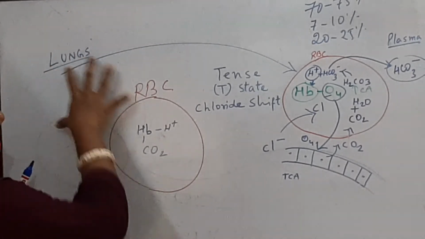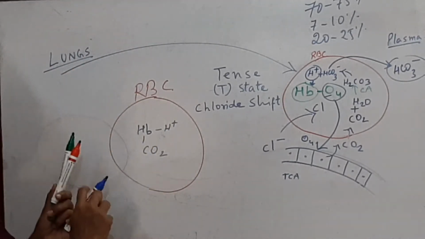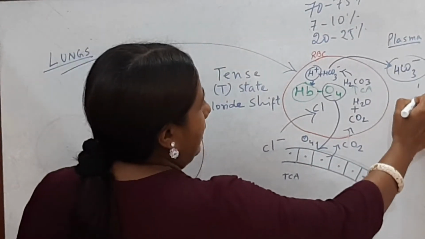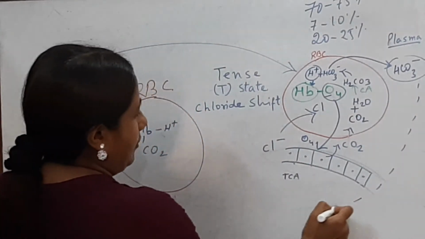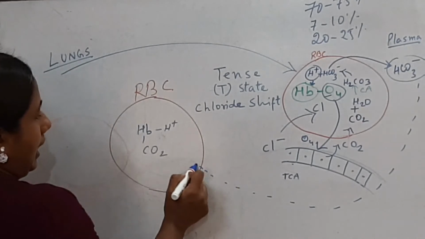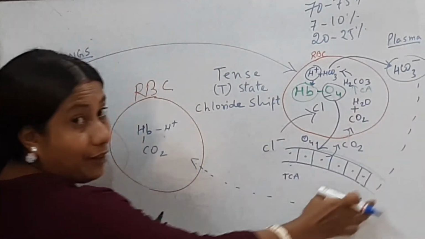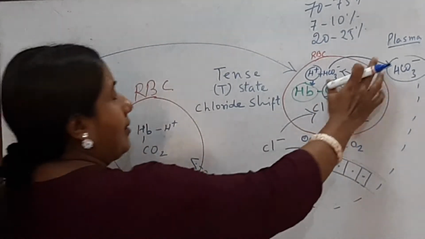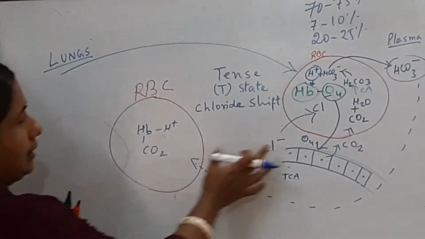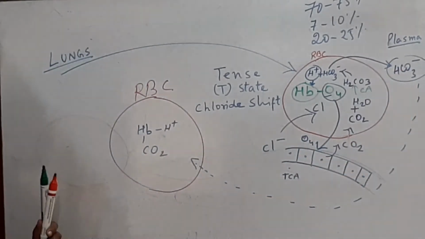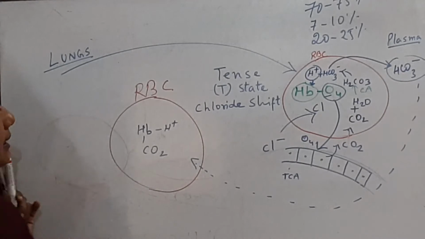Okay, now what happens? It reaches the lungs. In the lungs, this bicarbonate ion, I am putting the dot, travels through the plasma. Now the venous return takes place, the venous blood reaches the lungs. So through the venous return, this bicarbonate ion comes to the plasma and enters the RBC.